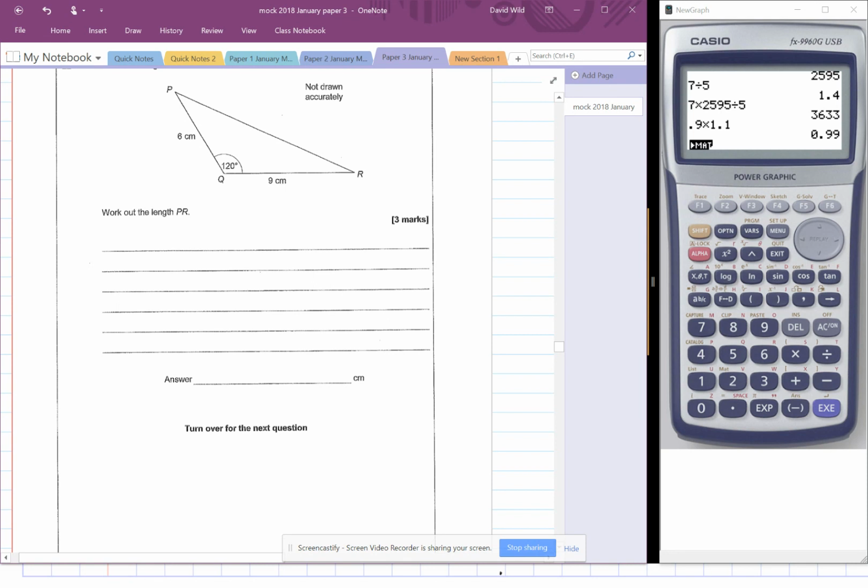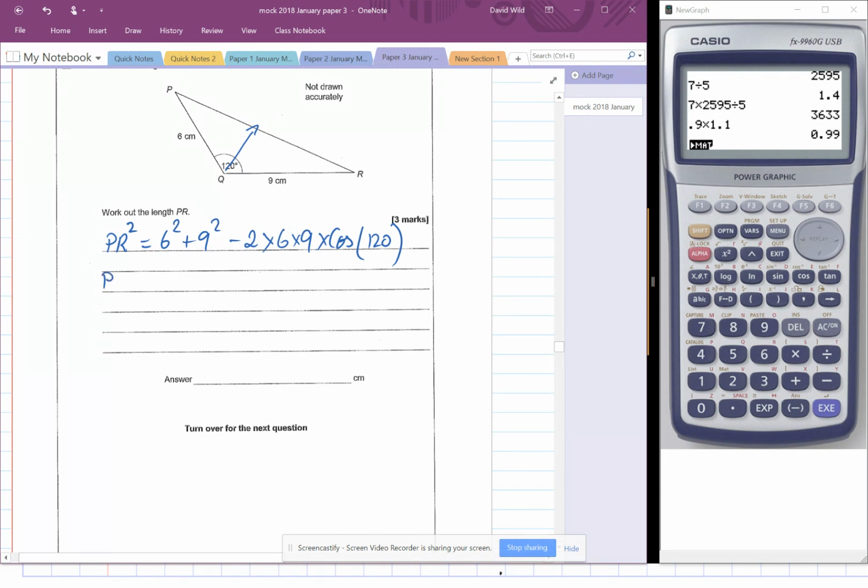And the cosine rule says that the opposite side of the angle squared, so PR squared, is these two squares added, 6 squared plus 9 squared, minus 2 times 6 times 9, times the cosine of the angle between the sides.